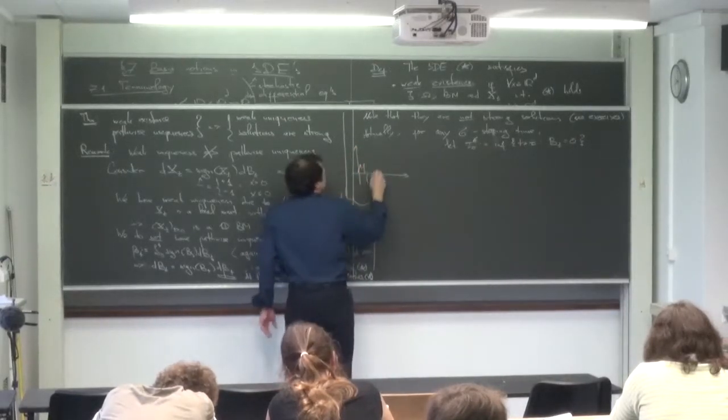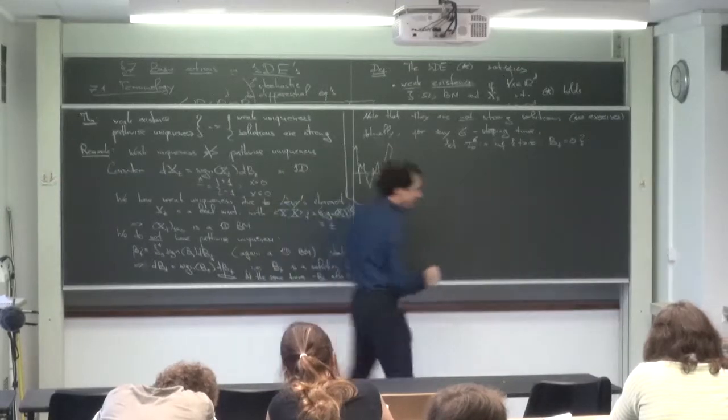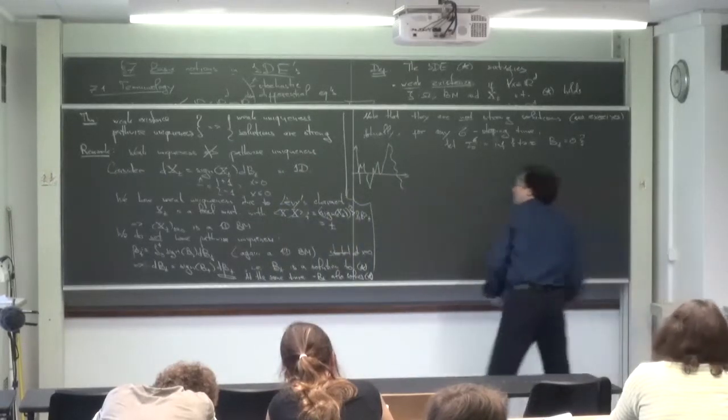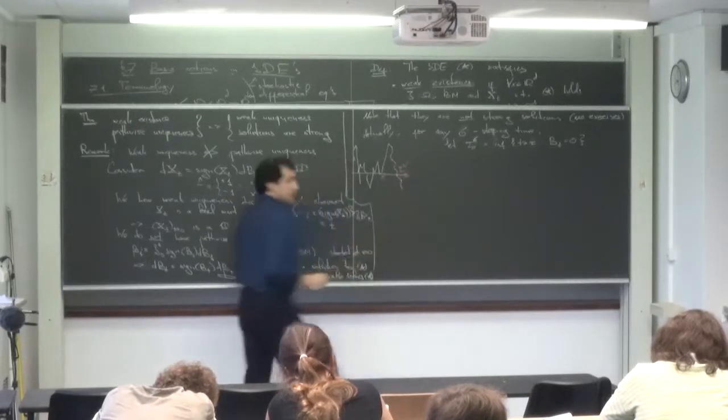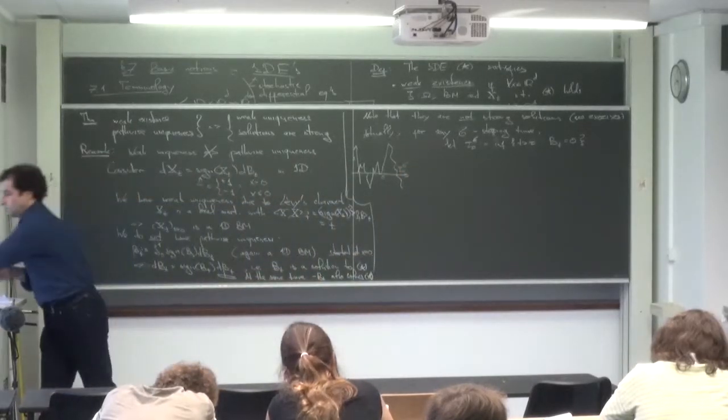So here was my Brownian motion running, and here it was, say, the first hit of 1, which was tau, and this is sigma.